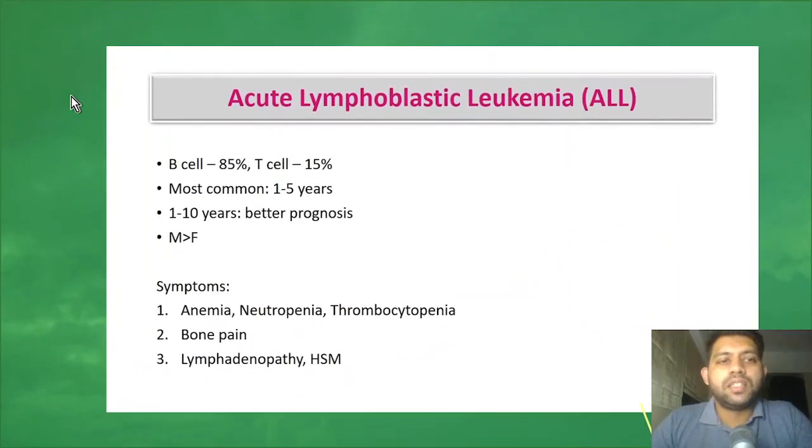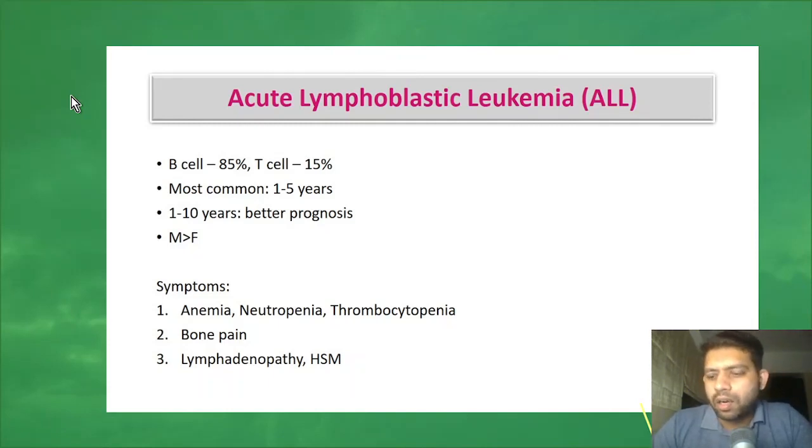Acute lymphoblastic leukemia is mostly B cell ALL, mostly seen in children and more common in males.